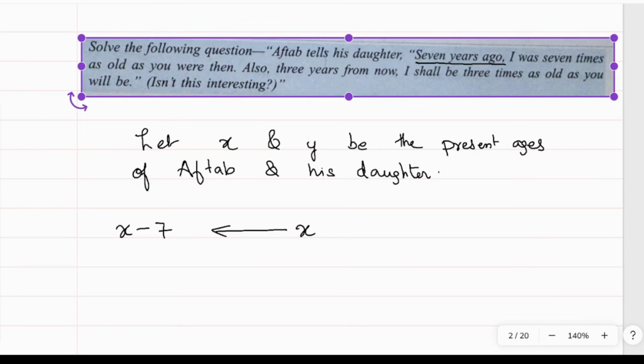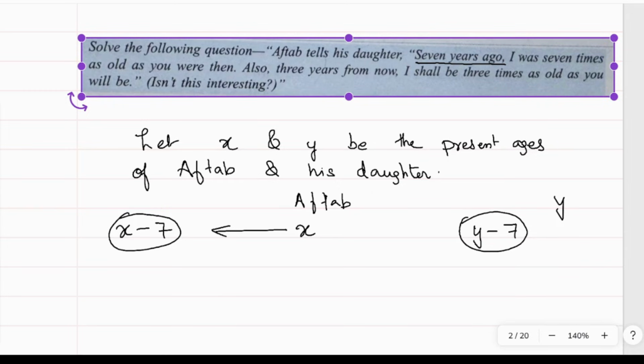And this is regarding whom? This is for Aftab, right? And Aftab's daughter, what will happen? Her age is y. So before 7 years means y also will become y minus 7, right? This is the age of Aftab's daughter 7 years ago. And this is the age of Aftab 7 years ago.